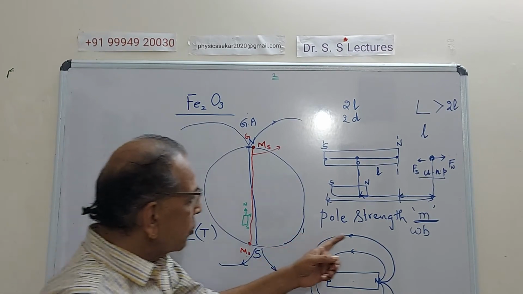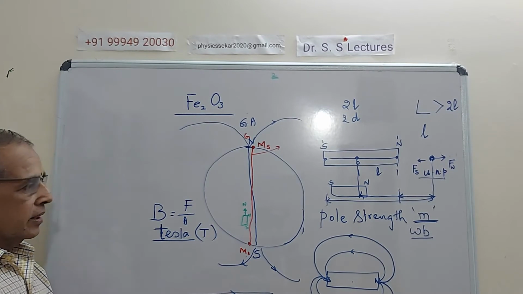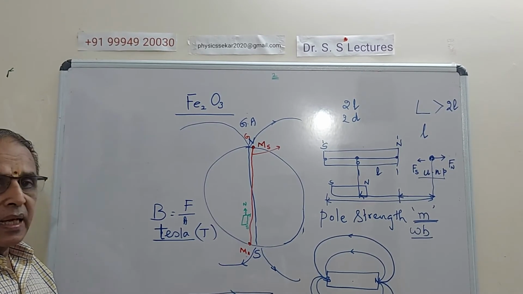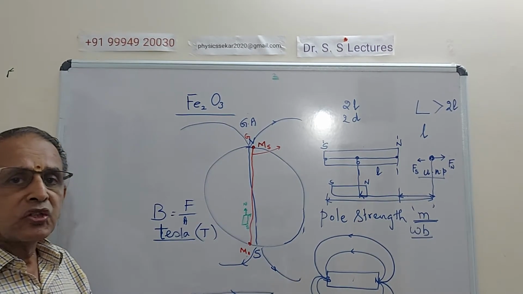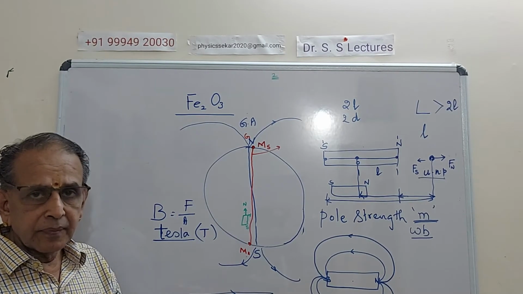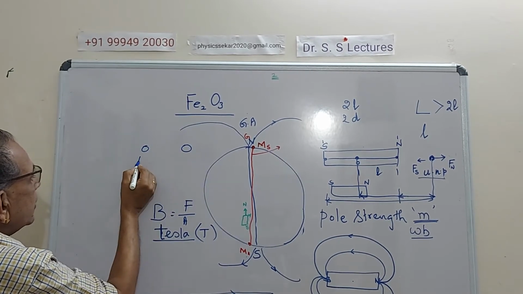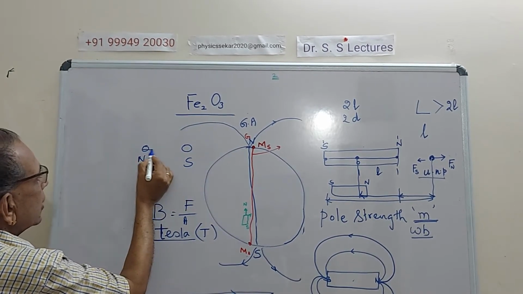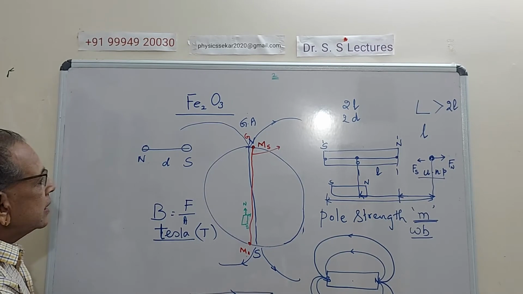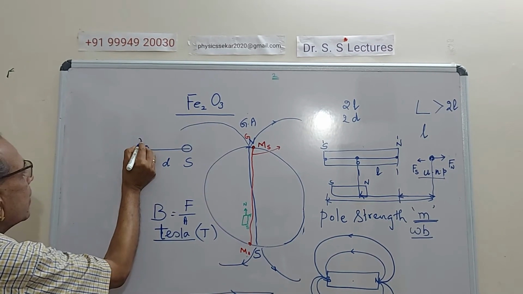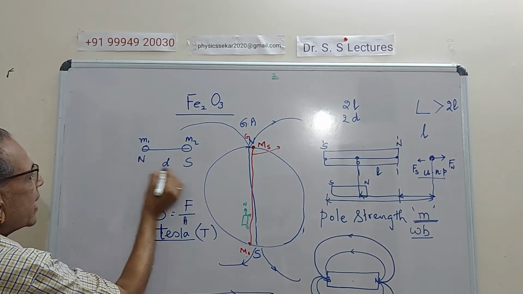So the pole strength I told you is measured in Weber. When you ask what the exact force is, that is defined by Coulomb's law of magnetism. When there is a north pole and a south pole separated by a distance d meters, with pole strengths m1 and m2, there will be an attraction.